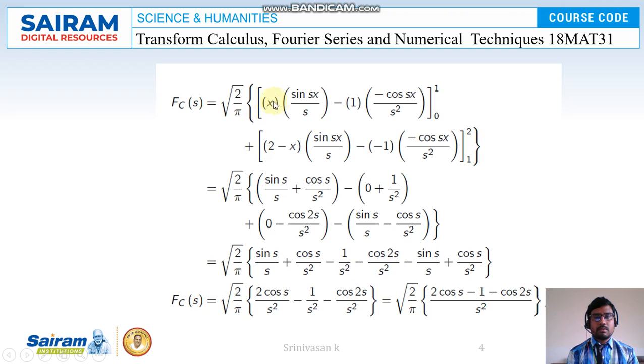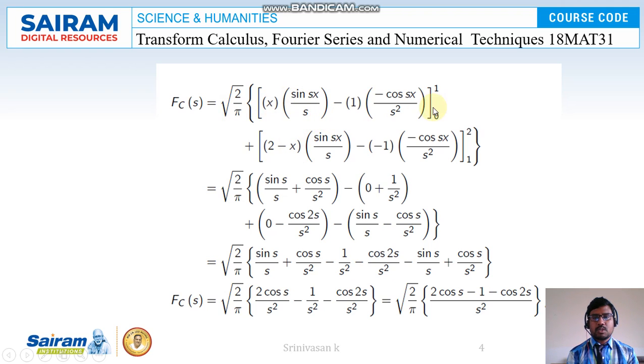Now apply Bernoulli's formula for the first term. We get x into sin(sx) divided by s, minus 1 into minus cos(sx) divided by s square. And the second term, (2 minus x) into sin(sx) divided by s, minus (minus 1) into minus cos(sx) divided by s square, interval 1 to 2. This root 2 by pi is common for the first and second terms.